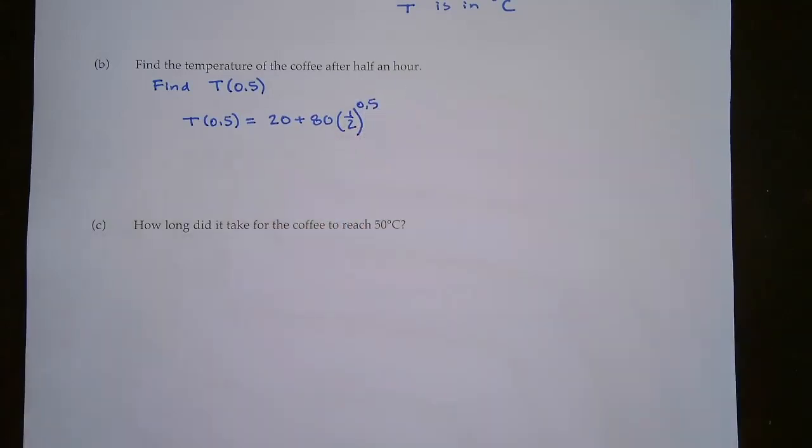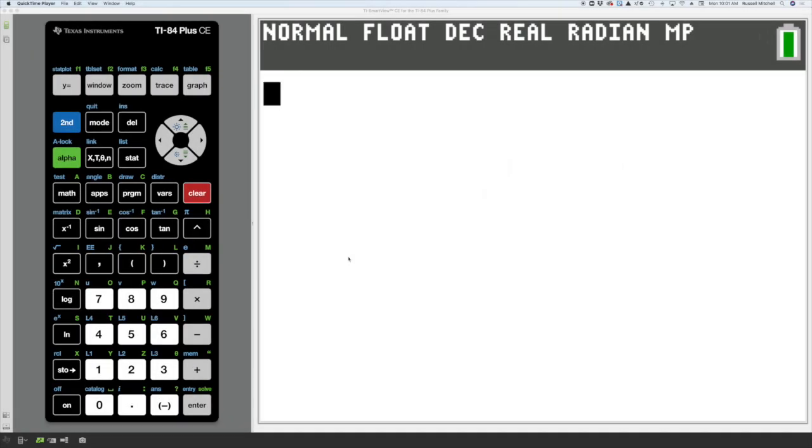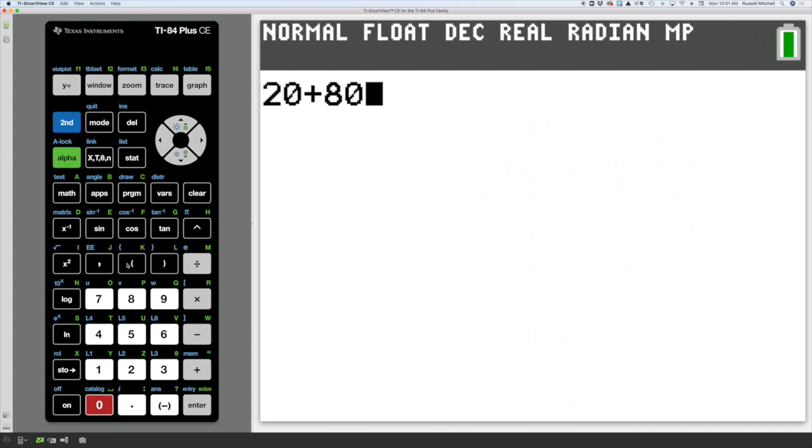So we're going to go to our calculator and put this in. Typing in 20 plus 80, and then parenthesis and fraction bar, 1/2.